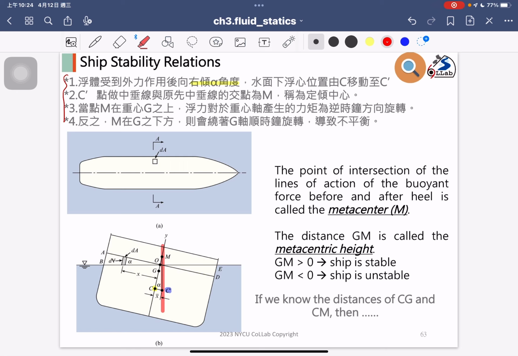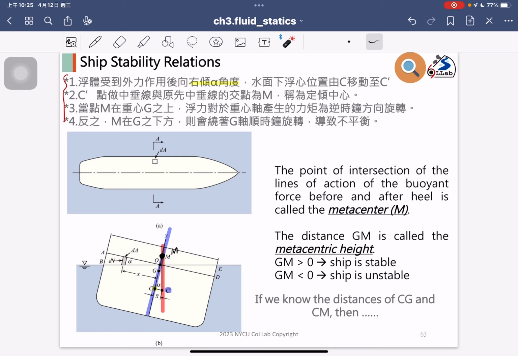Then we will see the crossover point with the original y-axis, and we define this crossover point as our metacenter M. Okay, so step 2 is we draw the vertical line passing through C prime, and then we can find the crossover point with the original y-axis. And this point we call the metacenter.